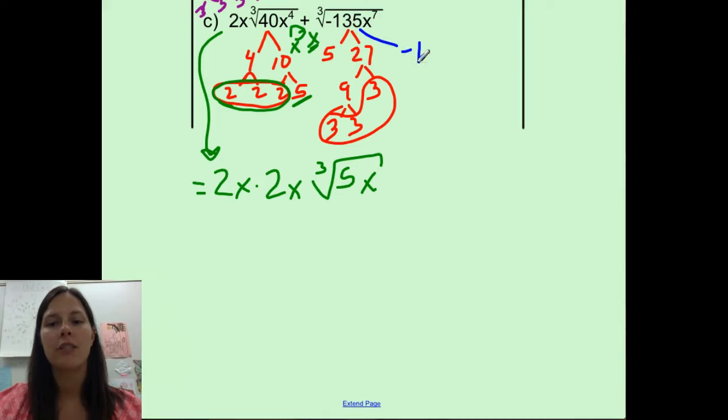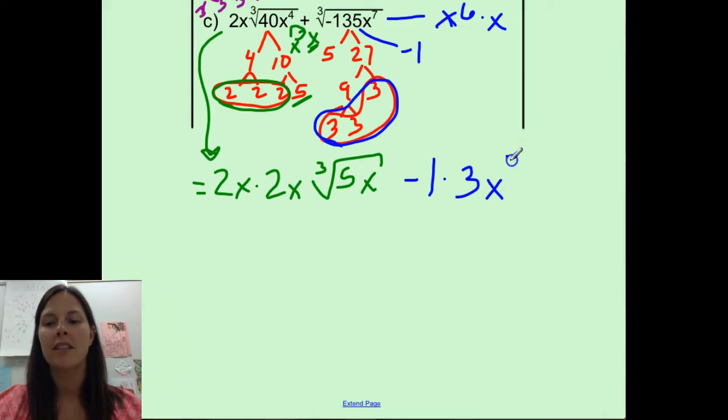The cube root of -1 is -1 times 3, the cube root of 3 cubed, with x to the 7th, this would be x to the 6th times x. The cube root of x to the 6th is x squared. I simply divided the 6 by 3, the root. And then what we have left over is a 5x under the radical.